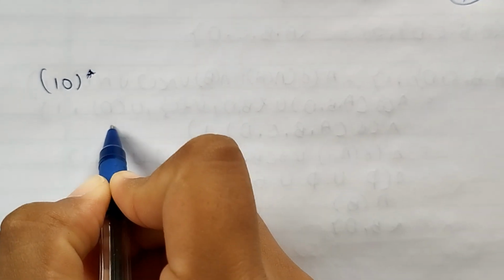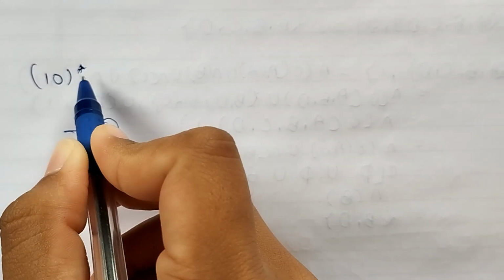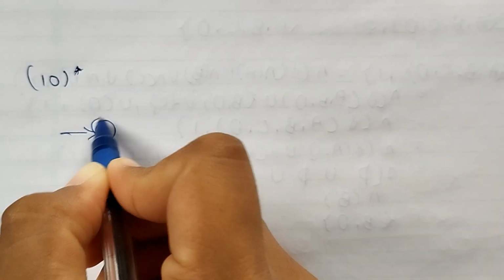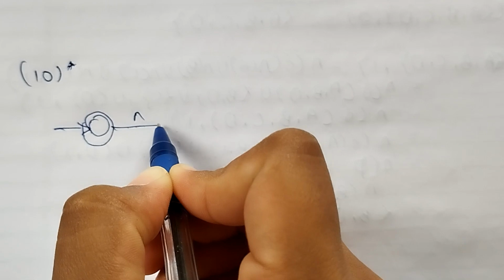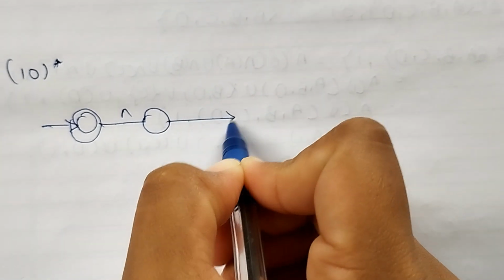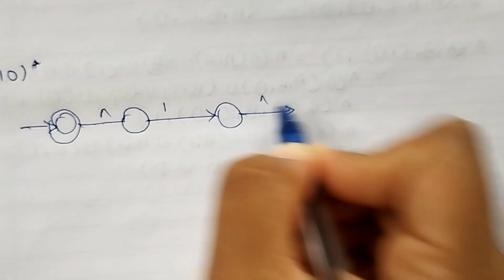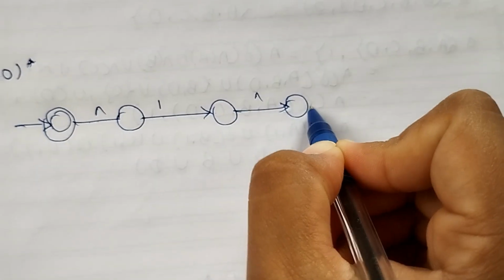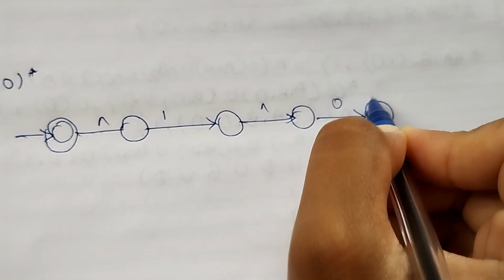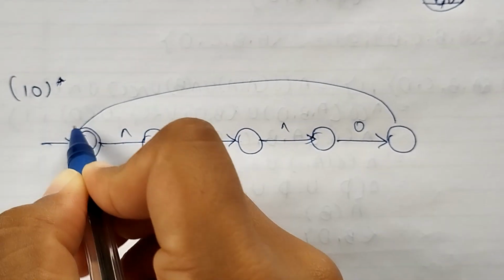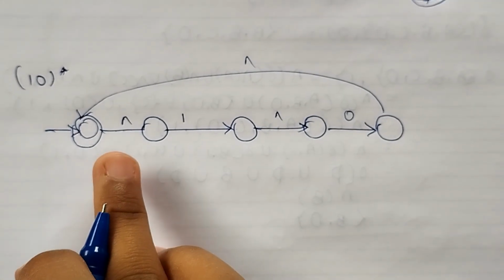As usual, first the initial state, but now star has come. So first the initial state is our acceptance, then one null value goes, then one state, then 1, again null state, then 0. Now here is not acceptance; this acceptance we now pass back to the initial state, which passes null, and this is 1 0 star.